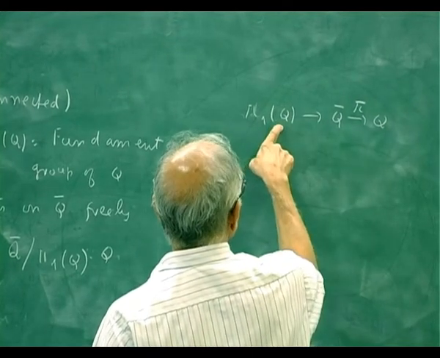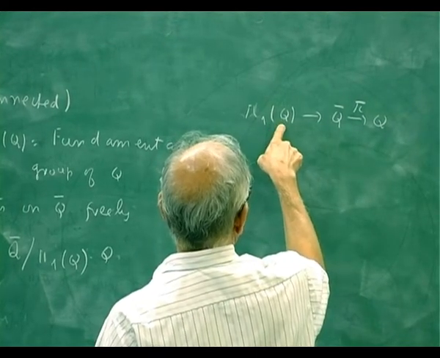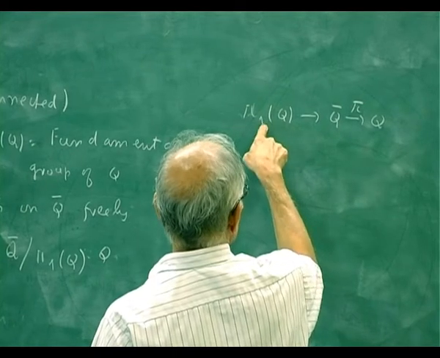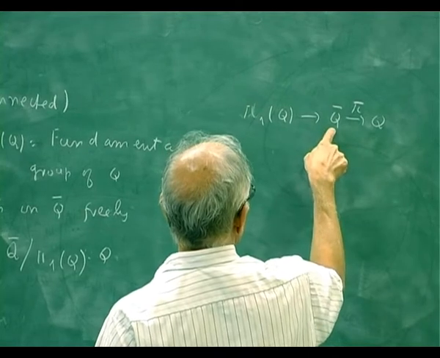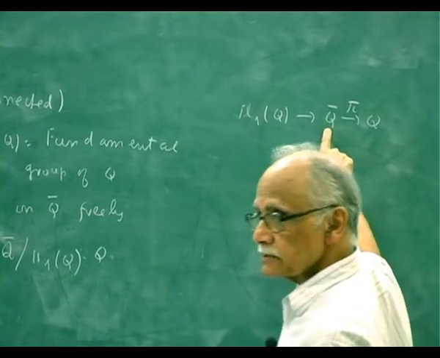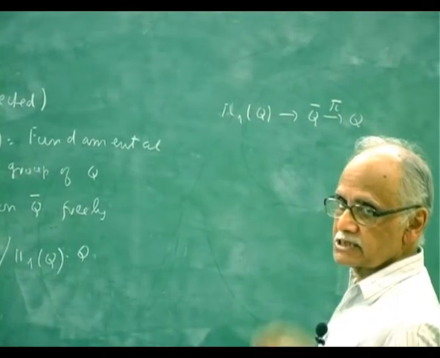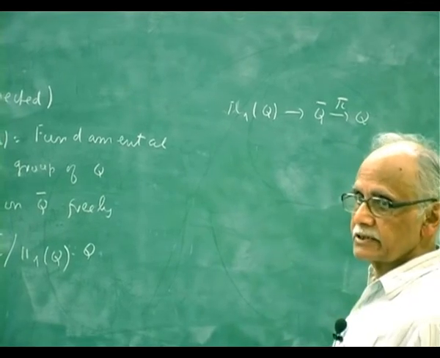This is the structure group. This is a bundle, you know. So this is a group which acts on the bundle space, giving the quotient space. And we want to do quantum theory on this.